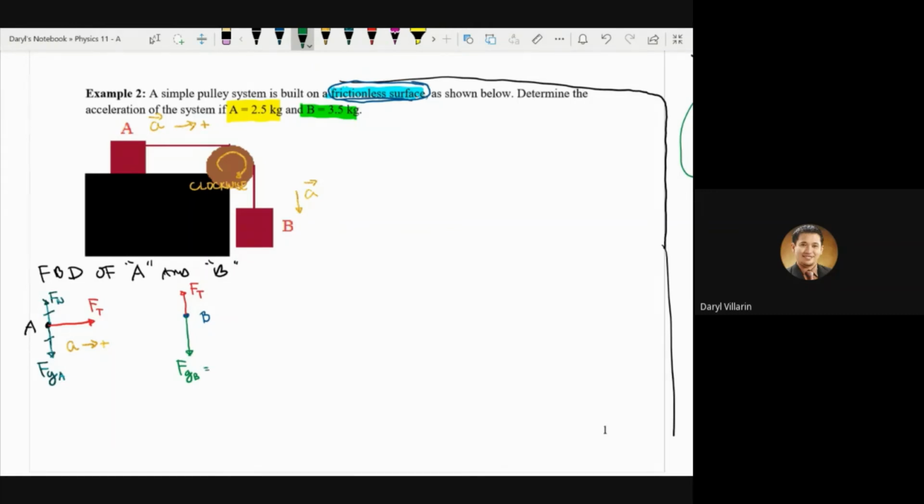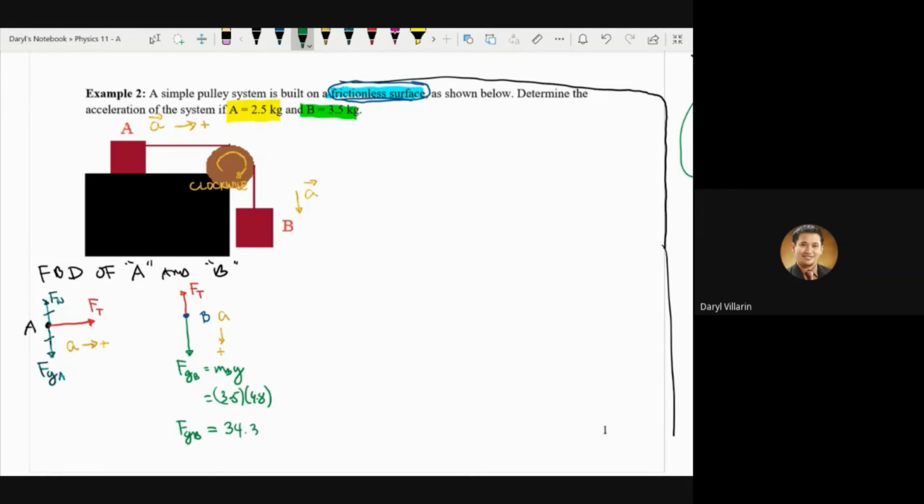So again, the weight of object B, because if you can see here, I know that this will be moving down. So I'm gonna use moving down as my positive direction in this case. This would be mass of B times g. So mass of B is 3.5 multiplied by 9.8. So FGB is equal to around 34.3.